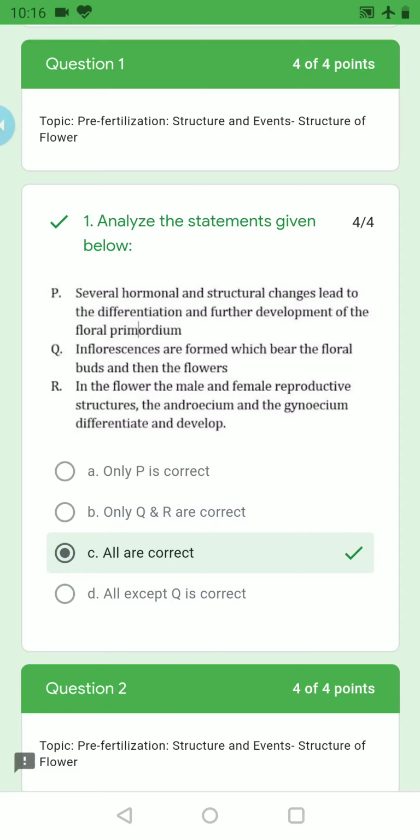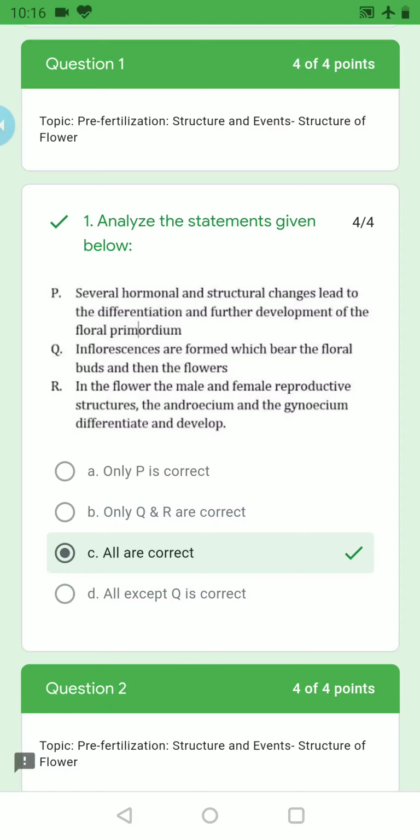There are three statements given in the form of P, Q and R. The first statement, read properly: several hormonal and structural changes lead to the differentiation and further development of the floral primordium.